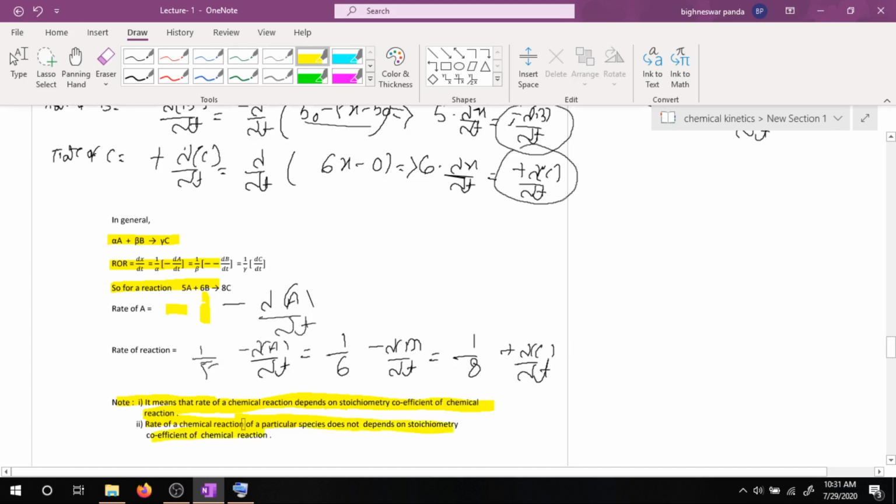For a particular species, we don't require a stoichiometric coefficient, while to calculate the rate of the overall reaction, we require stoichiometric coefficients. Simply see this: here what is asked is the rate of A, but there what is asked is the rate of reaction. So for the rate of reaction, we have to know the balanced chemical equation, but to calculate the rate of A, we don't require any stoichiometric coefficient.